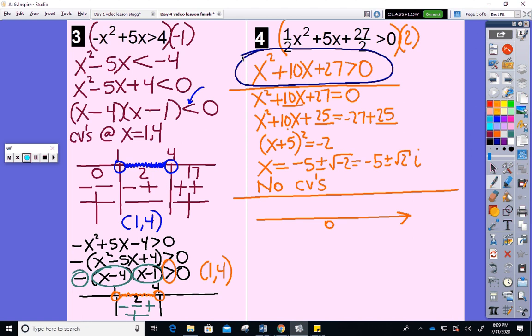So if 0 delivers a positive answer, and you want the positives, that means the whole entire number line does it, okay? That means your answer would be negative infinity to infinity if you answer in interval notation. And that's the same thing as just saying all real numbers are solutions.